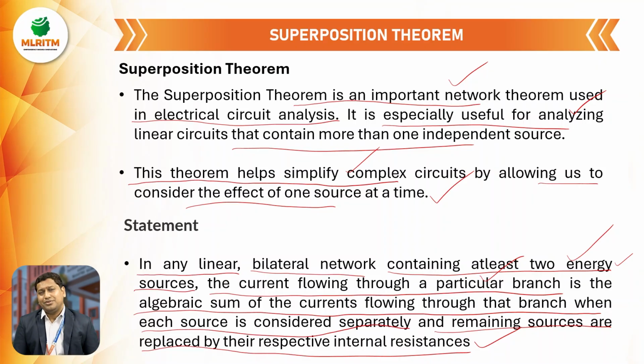Suppose I want to find the current in a particular branch, then I have to go with the two energy sources independently, where if I am going with one energy source, the other energy source is replaced by its internal resistance. So let us see this superposition theorem in detail.